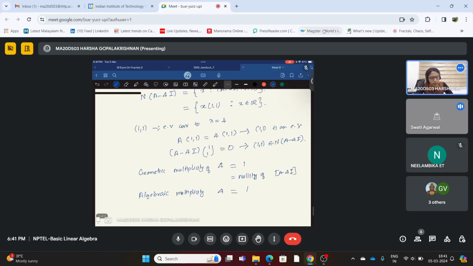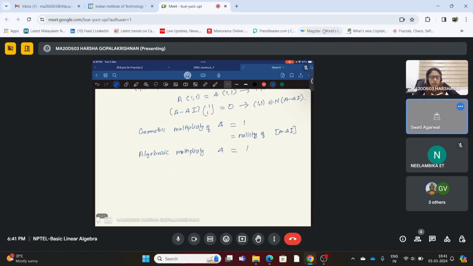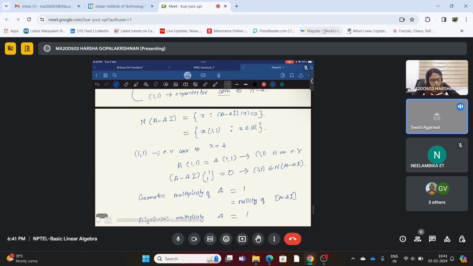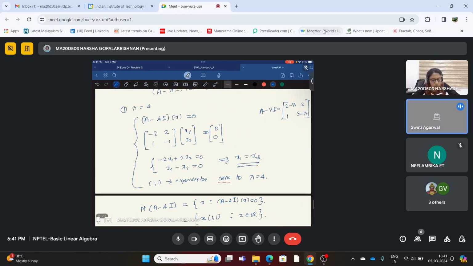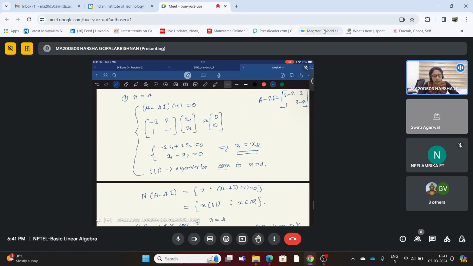Ma'am, one question. Can you please explain the lines which you have said above about the null space? That part is a little bit not clear. Okay.